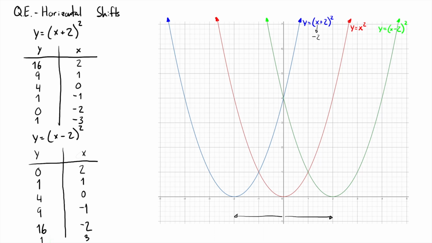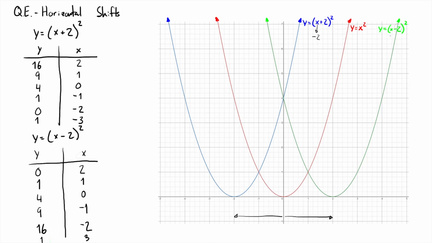So really, I'm not looking at this +2 or this -2, but instead I'm looking at, what do I need to do to my x value in order to neutralize this +2 or this -2, or to counteract it? Or how do I get back to the origin? With this +2, I need to subtract 2 from x.